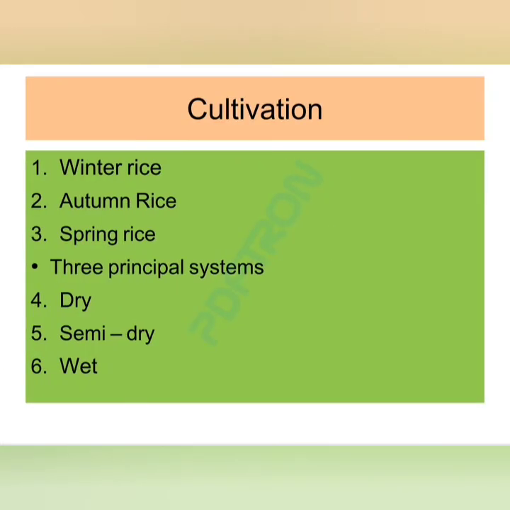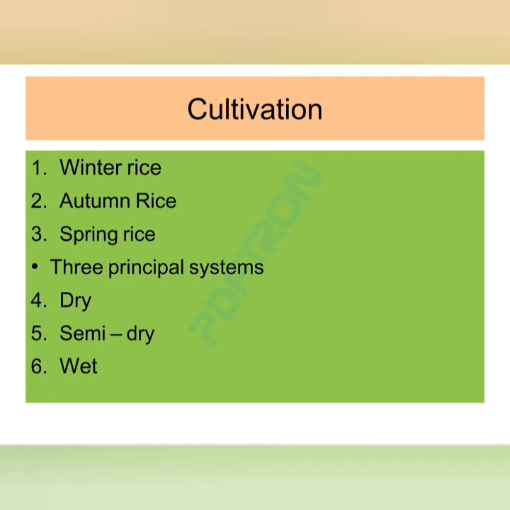Now, regarding cultivation in India, three principal systems are usually followed, that is dry, semi-dry, and wet. And based on the harvesting, the crop can be divided into three groups on the basis of harvest time.